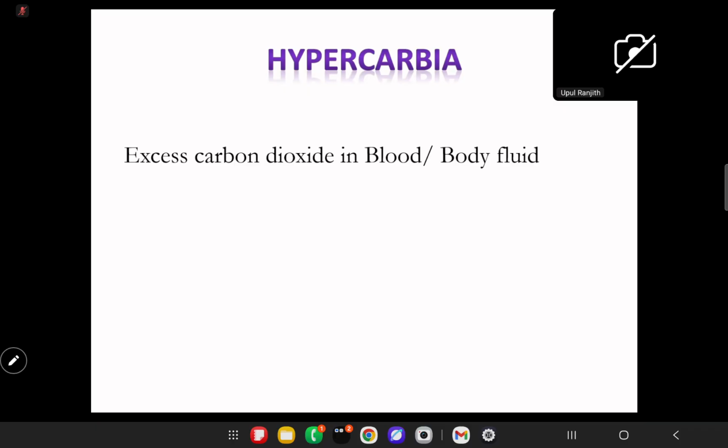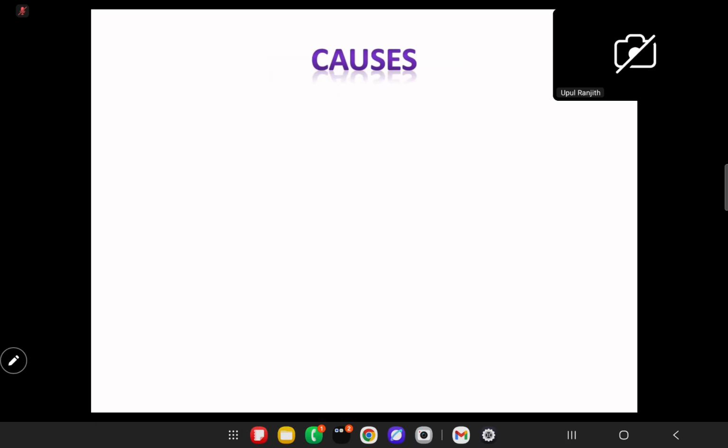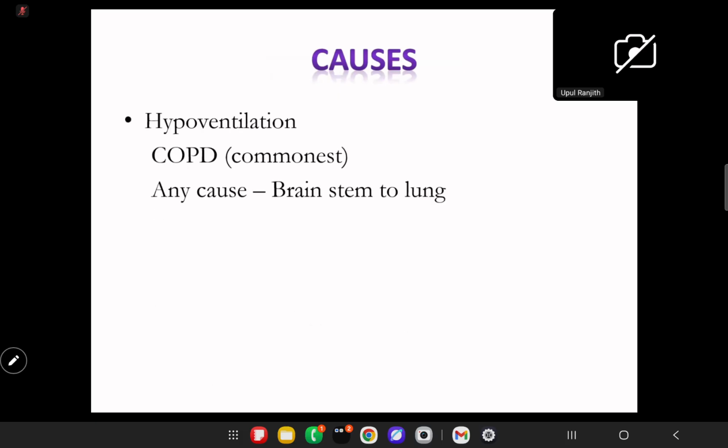Then hypercarbia, the excessive carbon dioxide in the blood. They don't give any values, but it is excess carbon dioxide in the blood or body fluid. The cause is hypoventilation, the COPD we have mentioned before, that is the commonest cause. Then any cause from the brain stem to the lung, right? That causes hypoventilation.